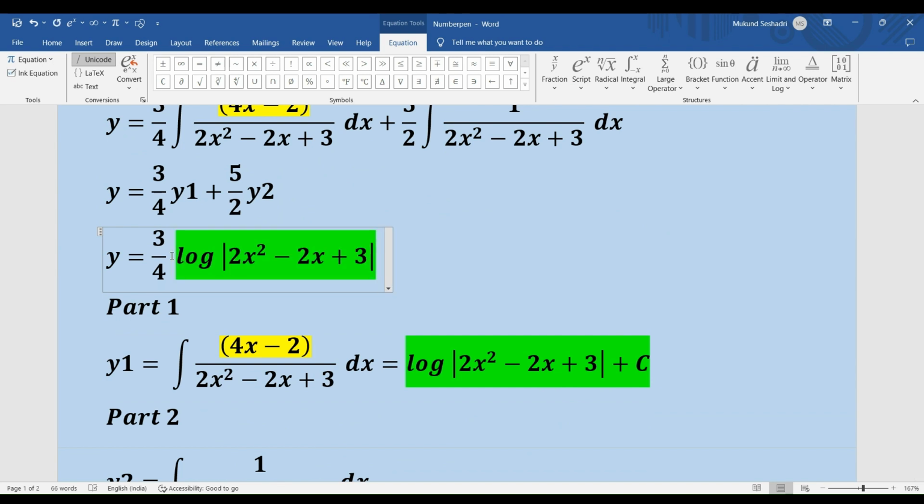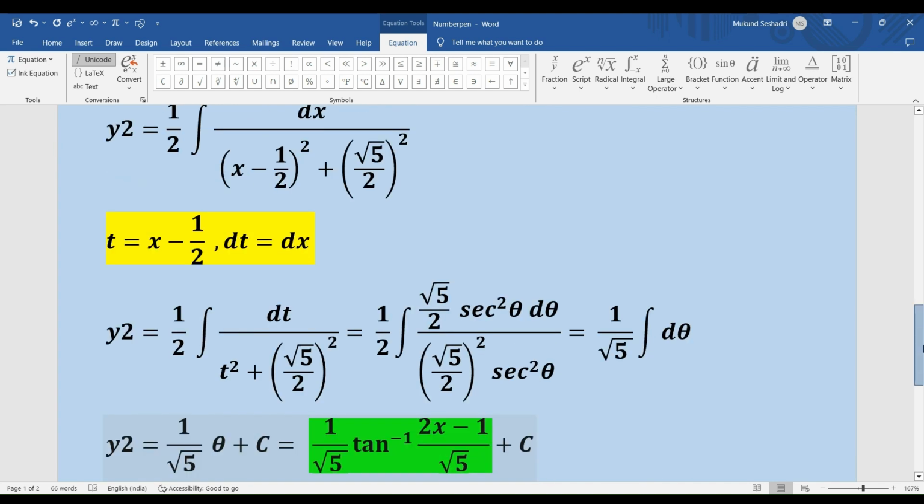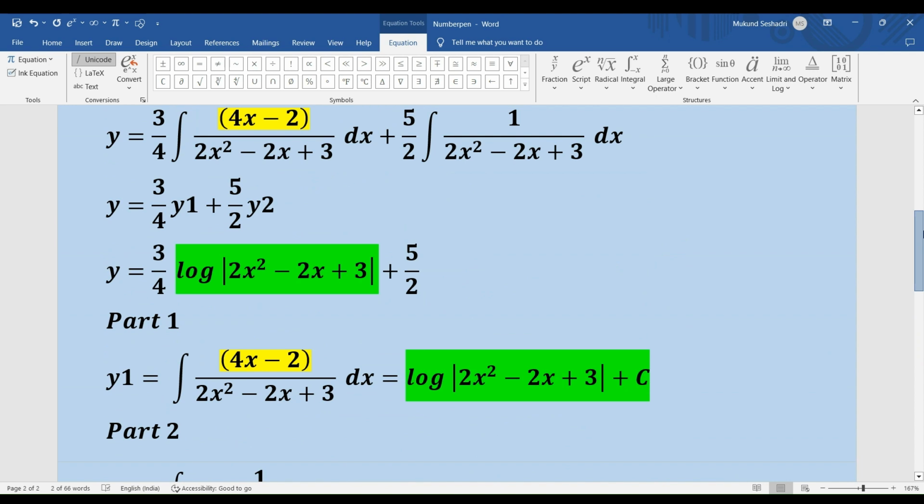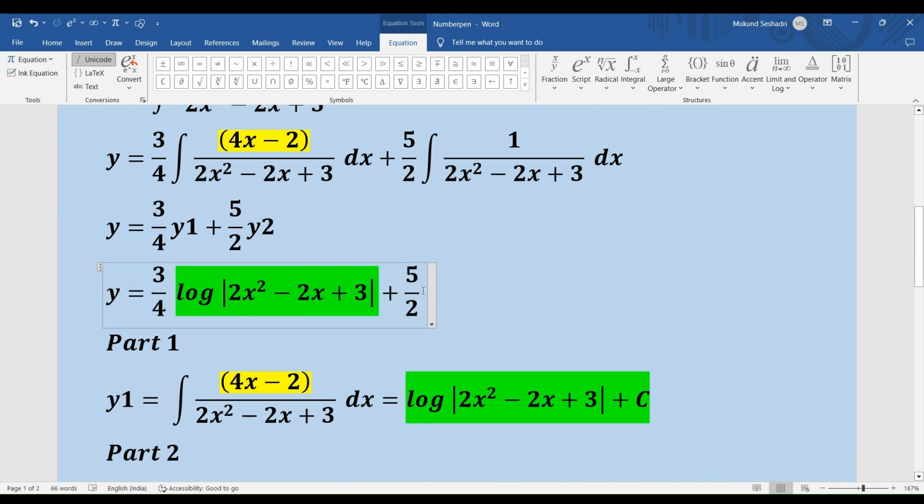And then I come to my second part, which is 5 by 2 times y2, right? And what is my y2? We just worked that out now. 1 by root 5 times tan inverse of 2x minus 1 divided by root 5, right? So I'm going to copy paste that as well.